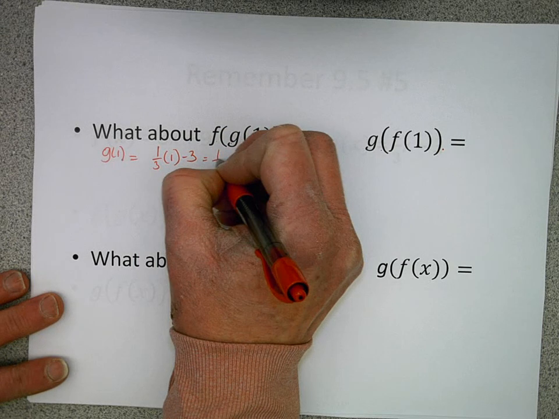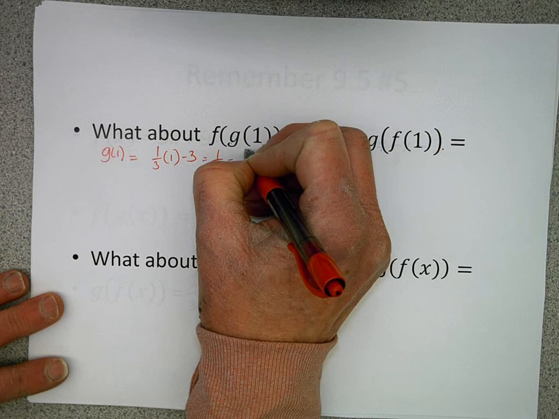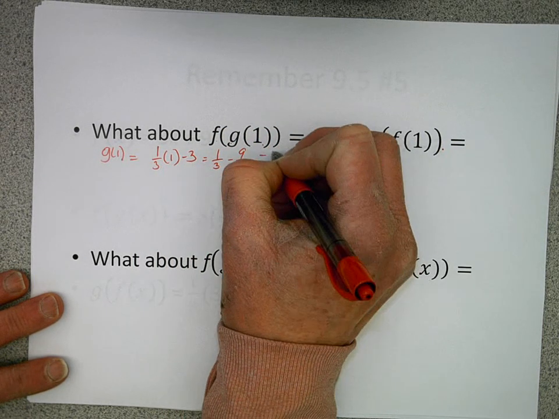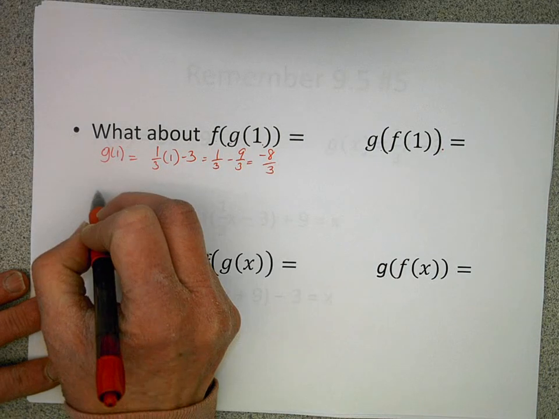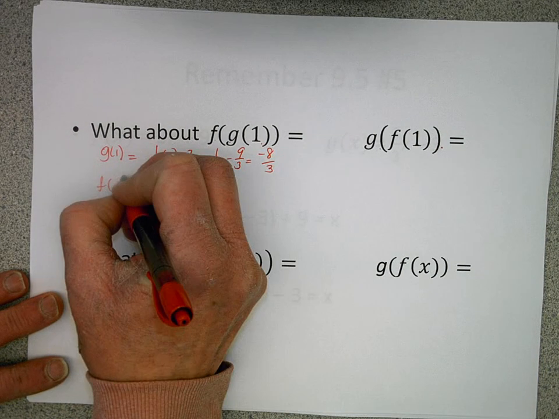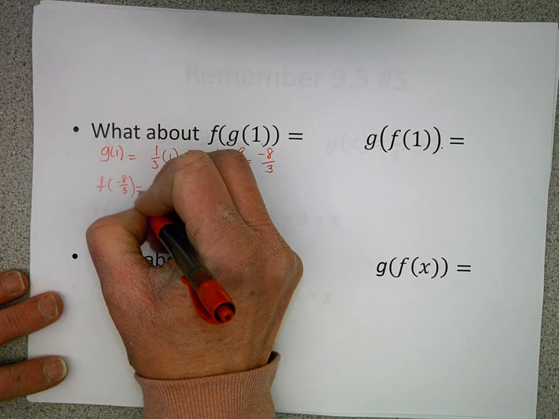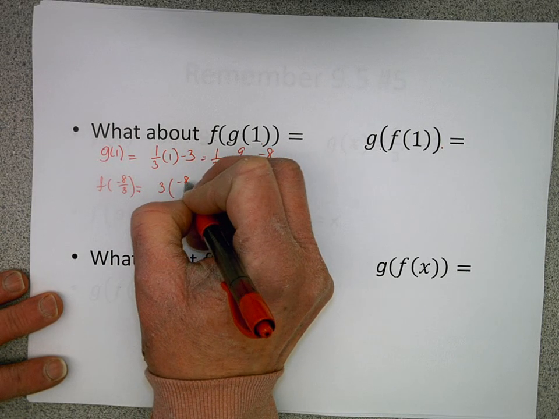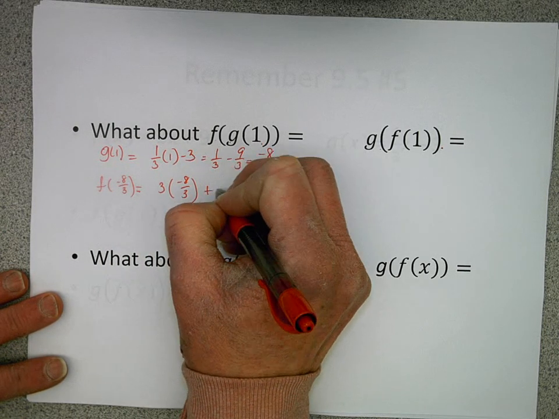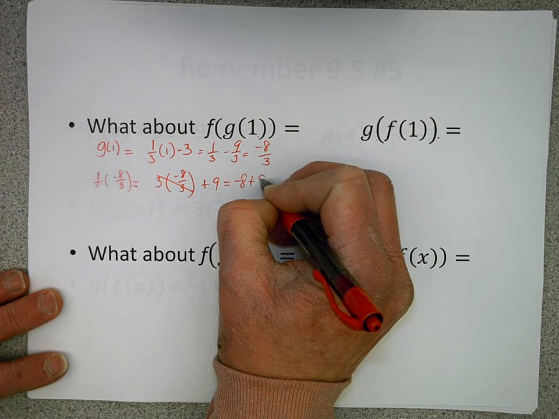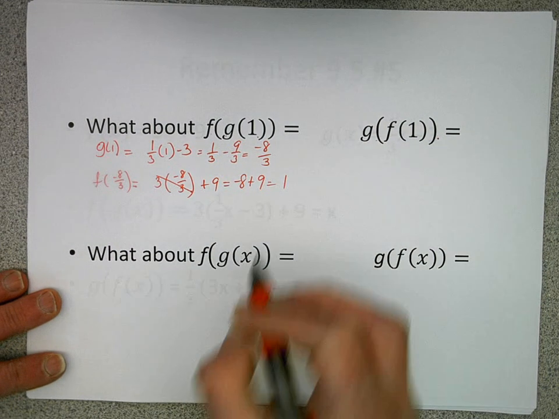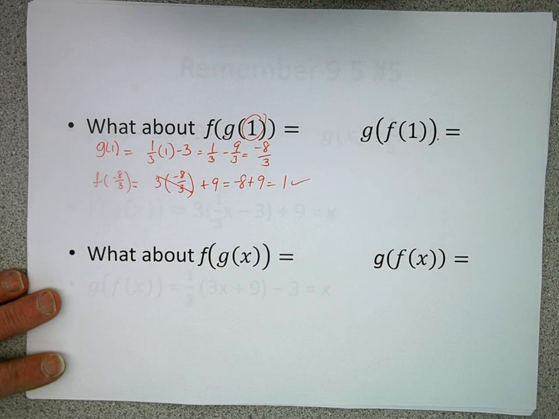That gives you 1/3 minus 3, which is 9/3, which gives you negative 8/3. And now I'm going to plug that into the f equation. So 3 times negative 8/3 plus 9, the 3s cancel out. We get negative 8 plus 9. We get back 1. So we started with 1, we got back 1.